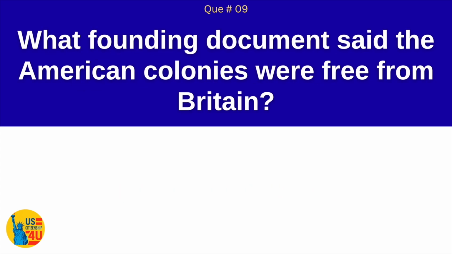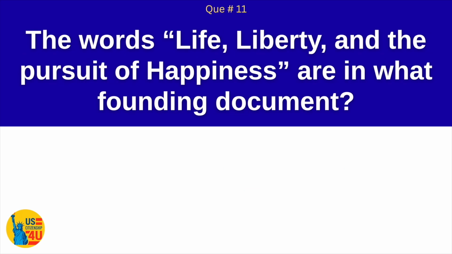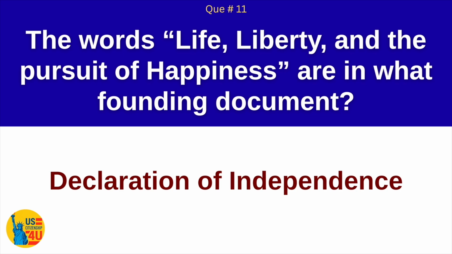What founding document said the American colonies were free from Britain? Declaration of Independence. The words life, liberty, and the pursuit of happiness are in what founding document? Declaration of Independence.